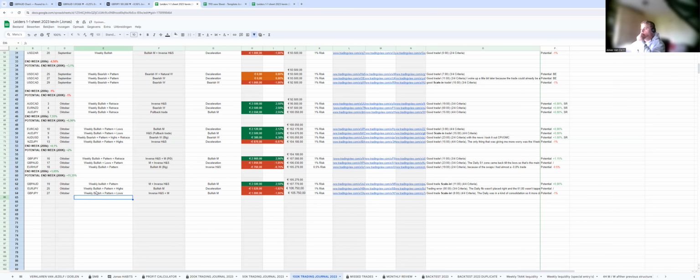Yes. So yeah, this was a potential end week trade for me. It was around 0.5% in the plus, and then potential end week we cannot know because we didn't know our trading week. So this will be just empty for now.